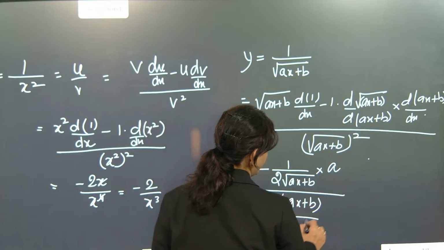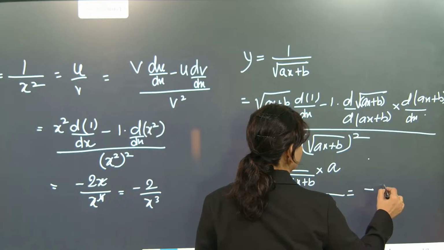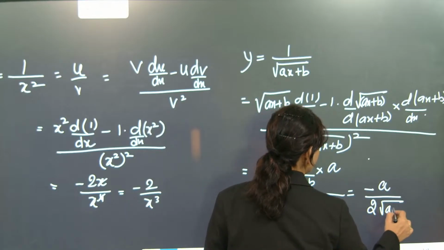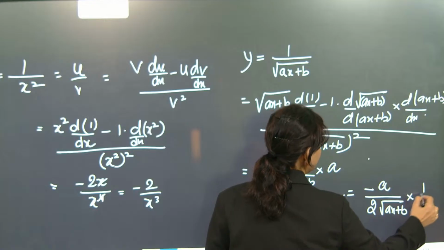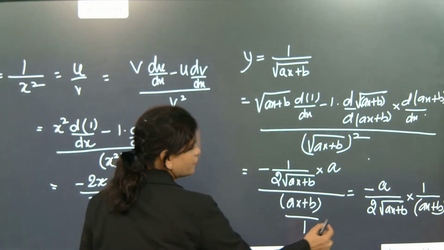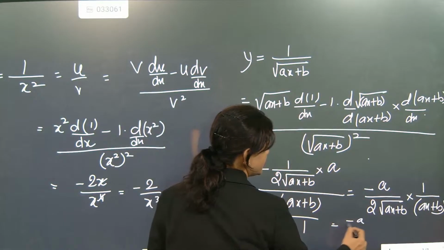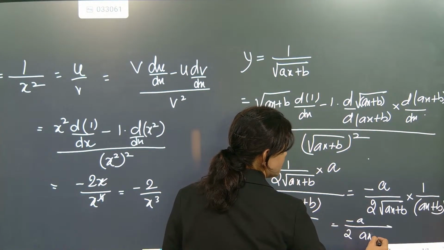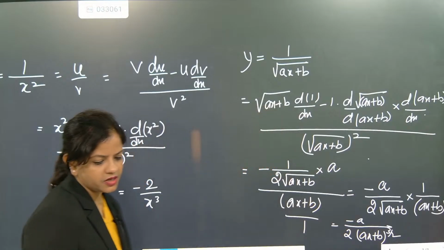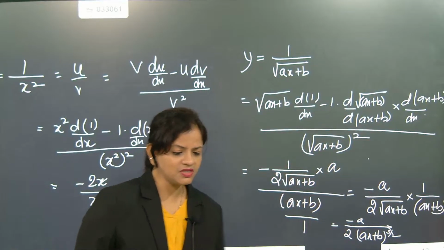So here, by 1, it is coming as minus a by 2 root under ax plus b into 1 by ax plus b. Got it? So the final answer will come minus a by 2 ax plus b to the power 3 by 2. Check. Very good, Rudra. We should be best in this part, beta.